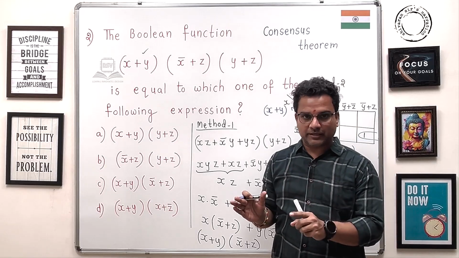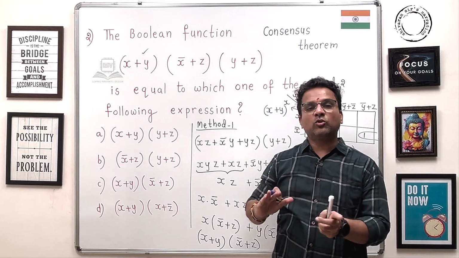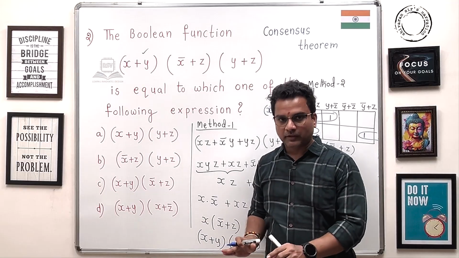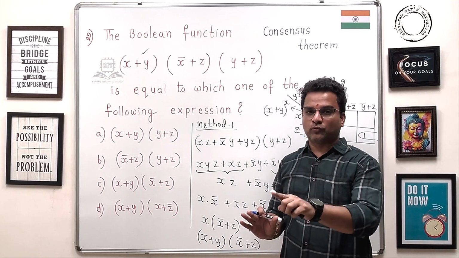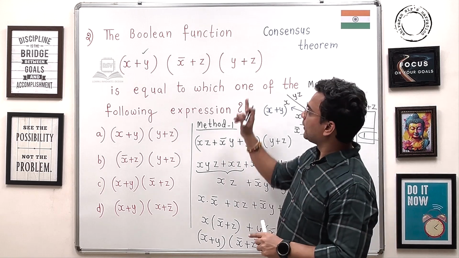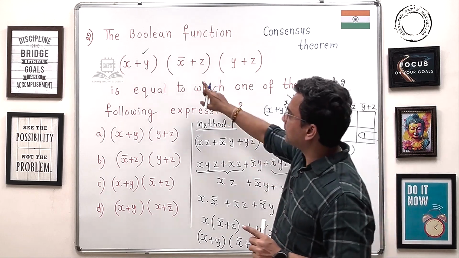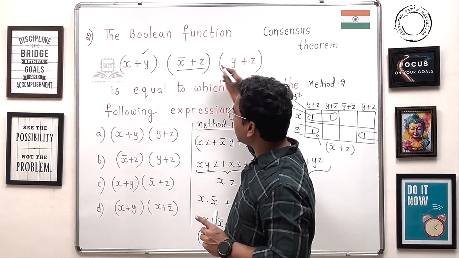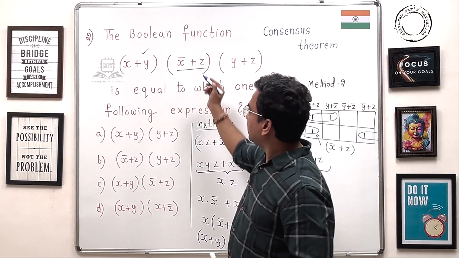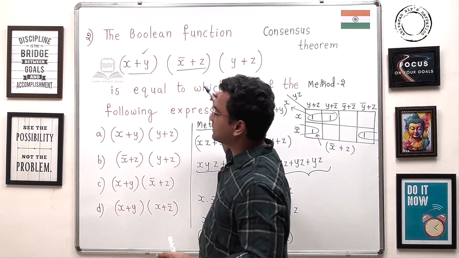If it is the case, then the output expression will be the one which has the complement and the true form. That's it. So from here, what we can say is here we have the complement x bar. You take this term and in true form x plus y.